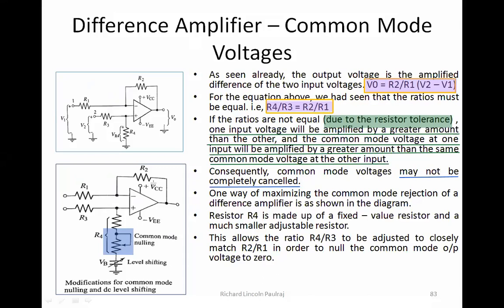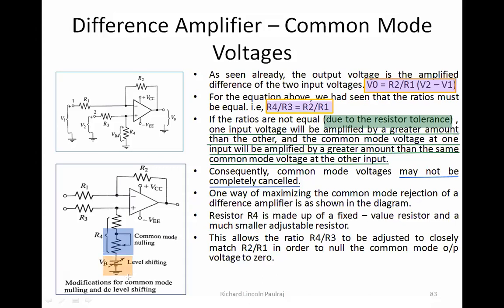Let's say I'm having a different value for R4 and R3, but what is our condition? Our condition is that both of these ratios should be the same. So I should have some altering knob or mechanism where I can actually change the resistance. This is the mechanism I am talking about, the level shifting and common mode nulling setting.